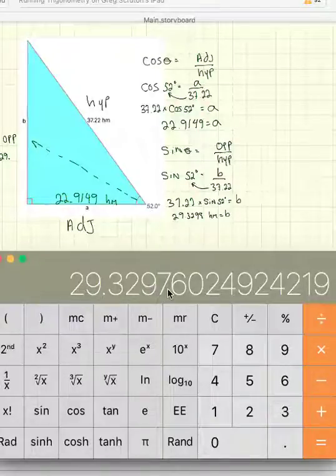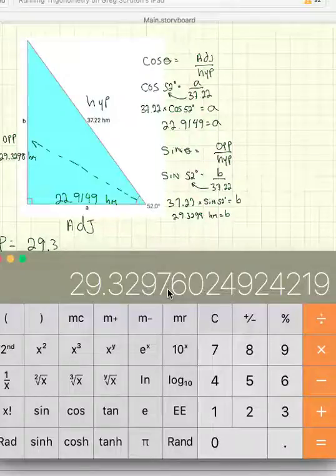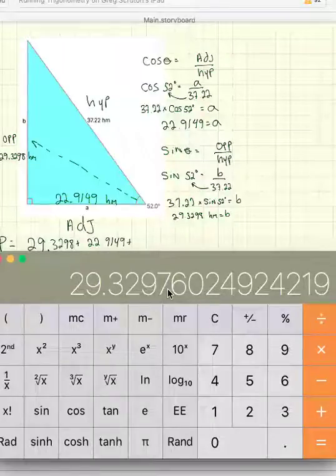And so I'm just going to write that on my diagram. 29.3298 hectometers. And so I'm just going to add them all up. So the perimeter is going to be my 29.3298 plus my adjacent side, 22.9149, plus my hypotenuse side, which was given as 37.22 hectometers.